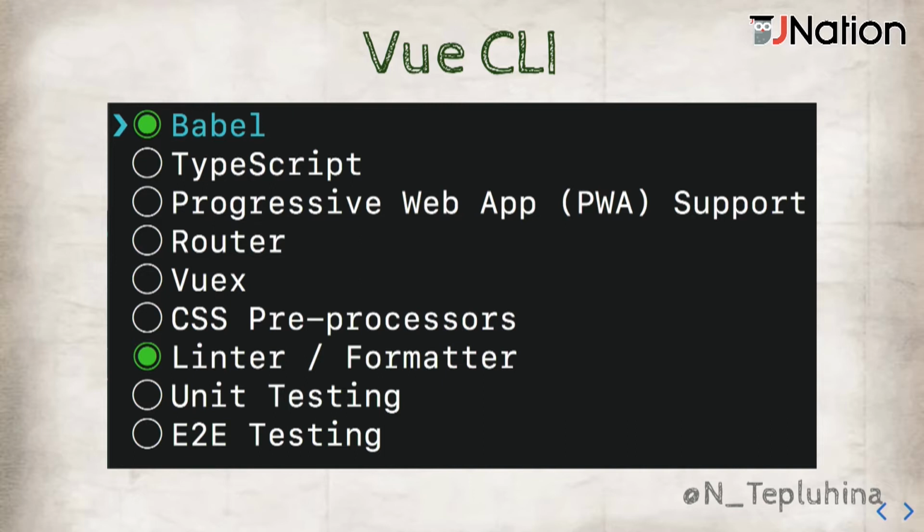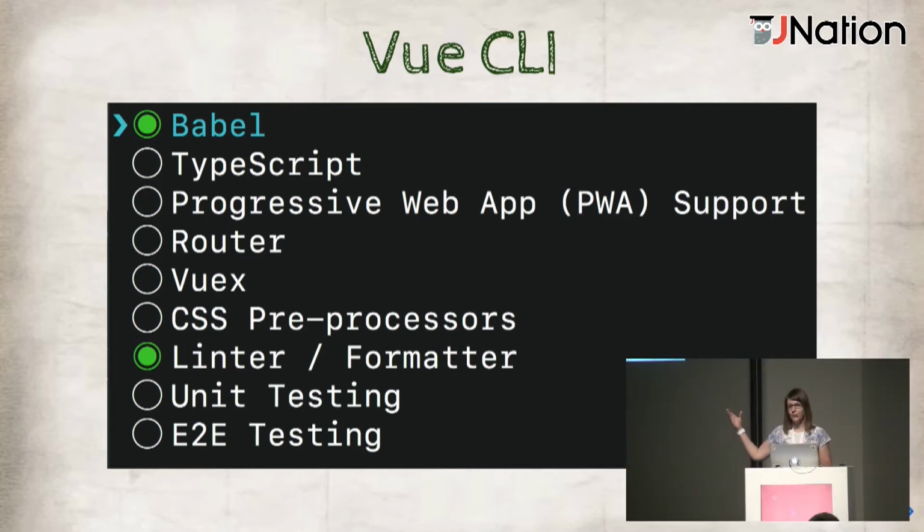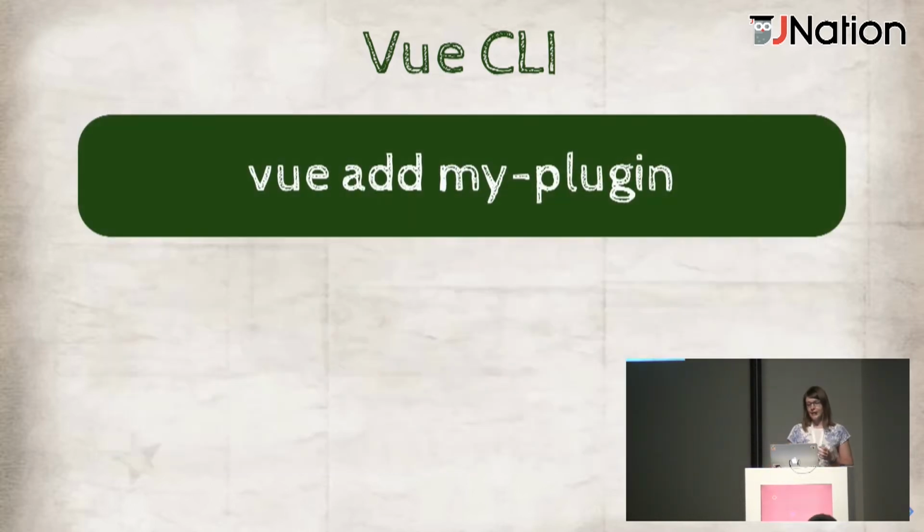Unfortunately, we can't hook up our own custom plugin at this moment when the application is created. Good thing is, if you forgot about something, if you forgot to add TypeScript, you can always do it later on your Vue CLI application. You can simply type vue add my-plugin, and it will add it.